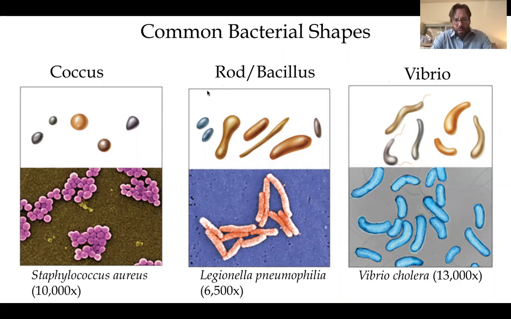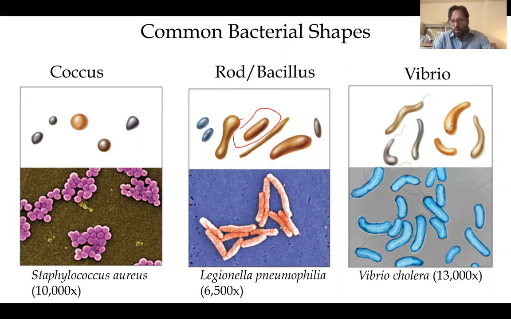The bacillus or rod-like are going to be this one in the middle. And you can see there is some variation of the rod. But for the most part, they look like this one here. That's the common bacillus shape.